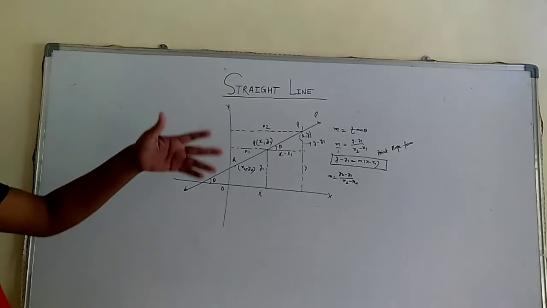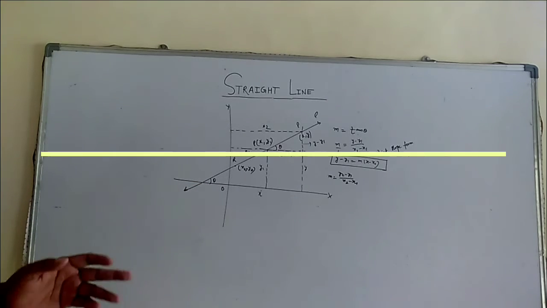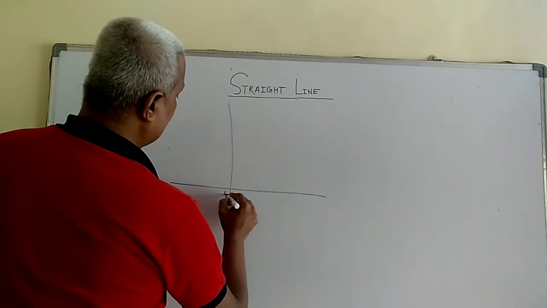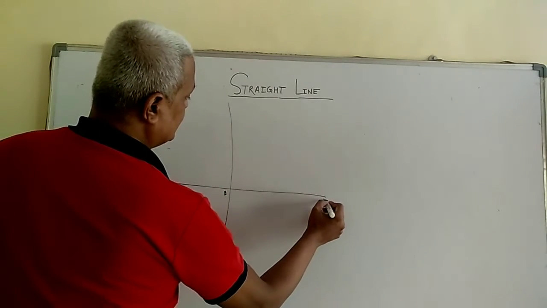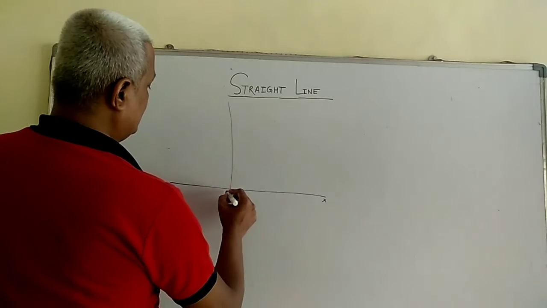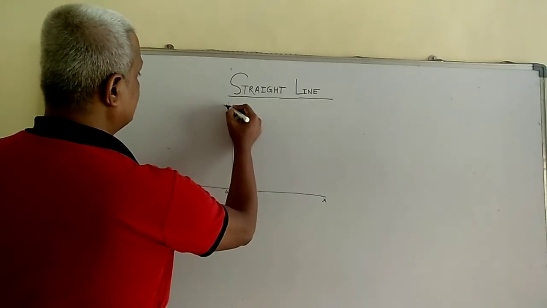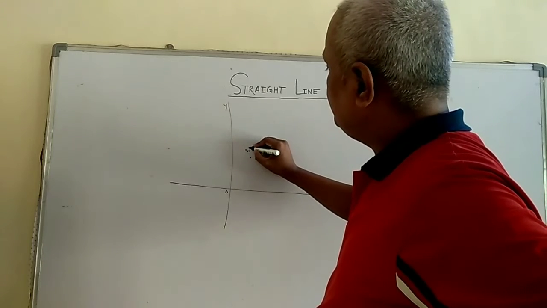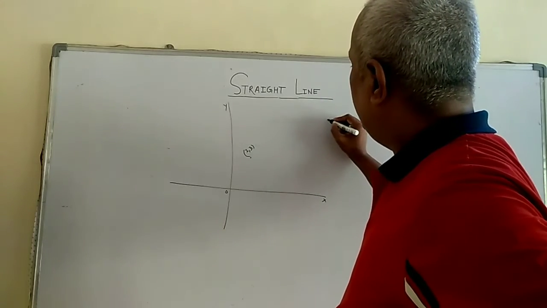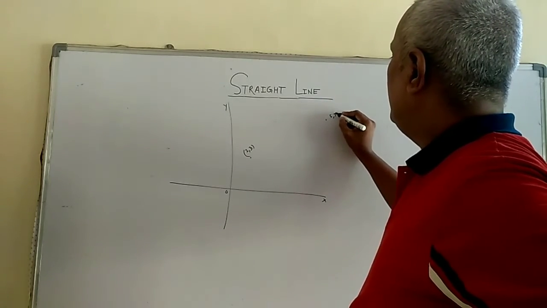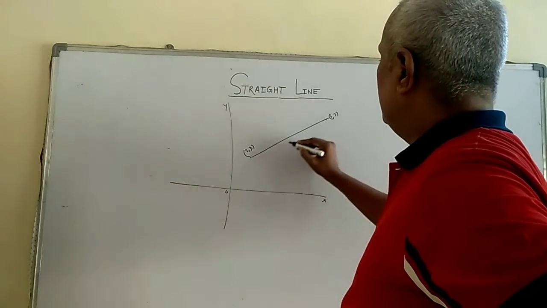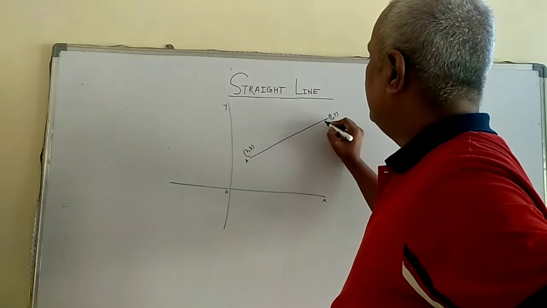Now I would like to explain this with an example. So again I continue with my grid. This is my origin, this is x, and this is y. Suppose here I have a point 2, 3, and here I have a point 5, 7, and I have to find the equation of the line AB.